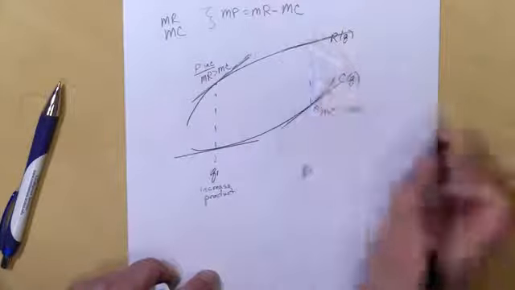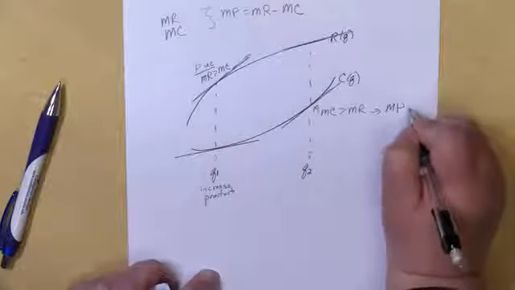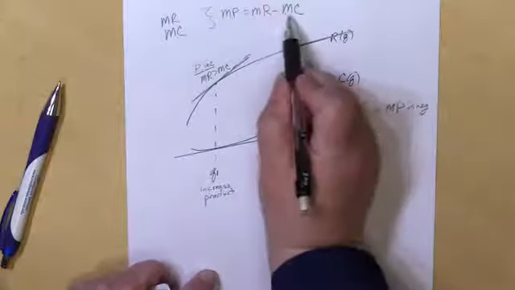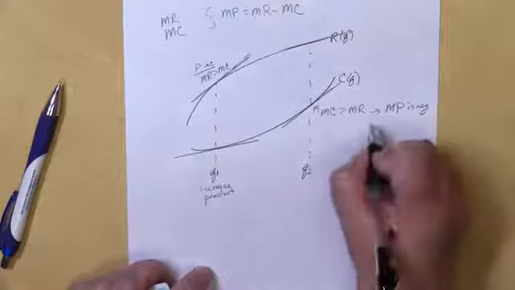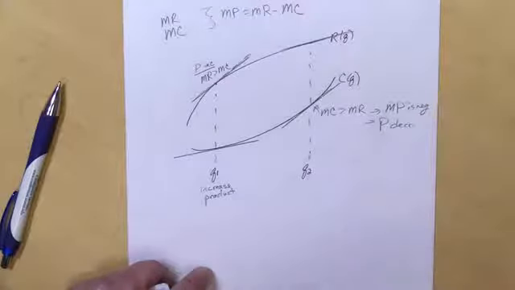So that means marginal profit is negative, because this is bigger than the marginal revenue. So marginal profit is negative. So this gives us profit is decreasing right at that spot.